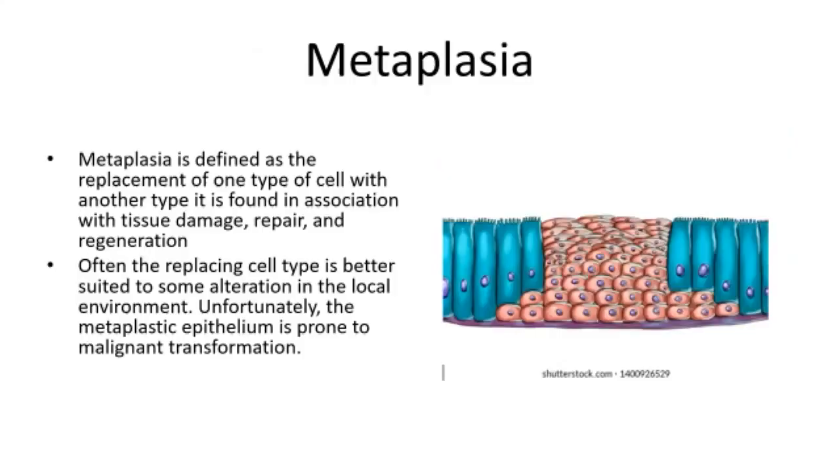So what is metaplasia? Metaplasia is defined as the replacement of one cell type with another in association with tissue damage, repair, or regeneration. Where does metaplasia happen? Due to chronic irritation or exposure to certain processes which are not inherent to that particular tissue. The cells change.